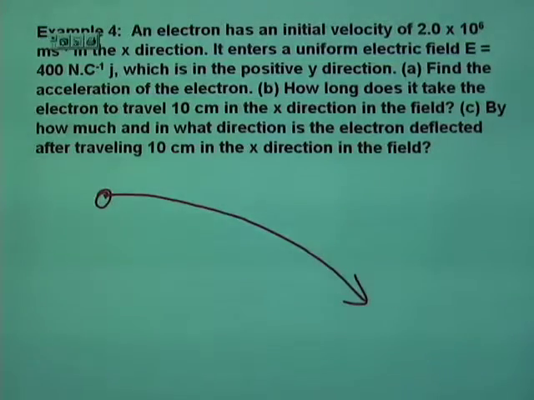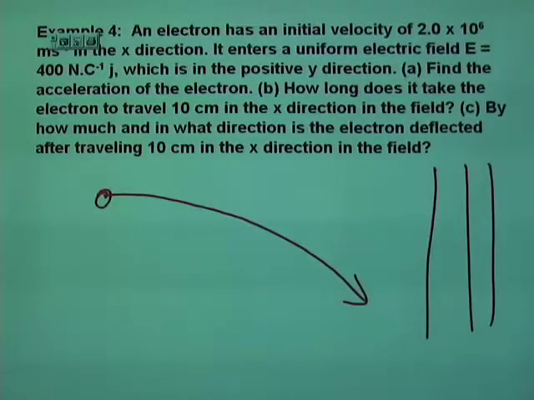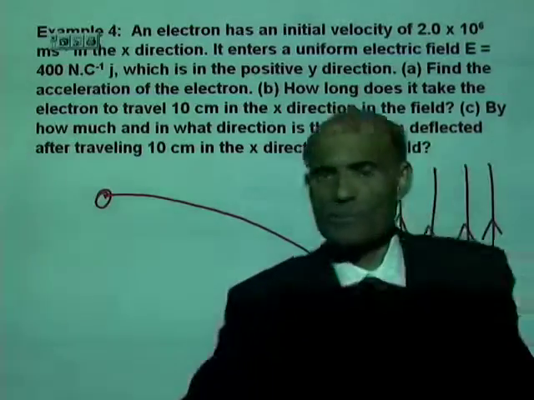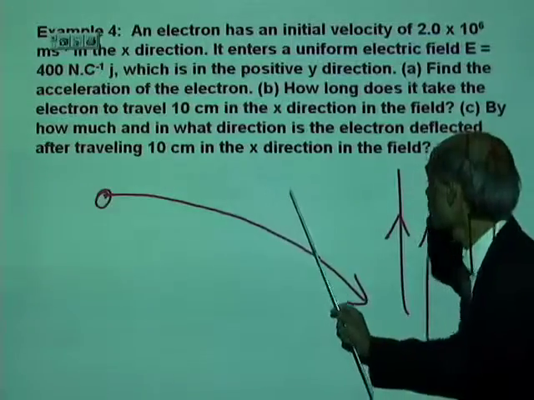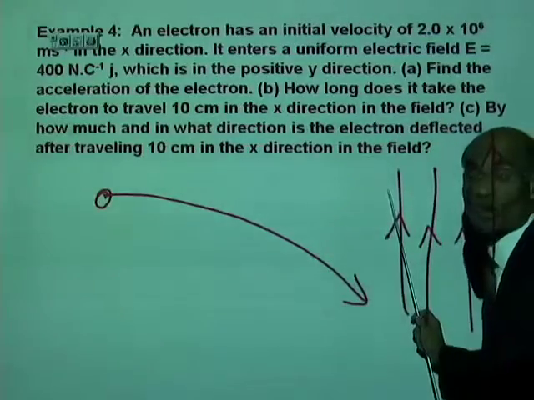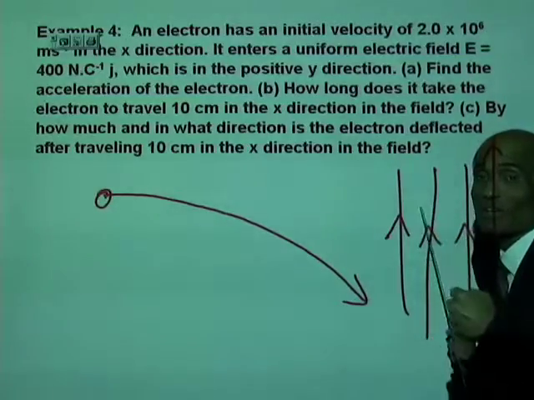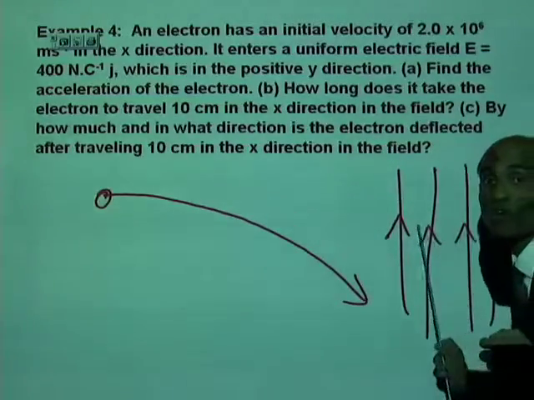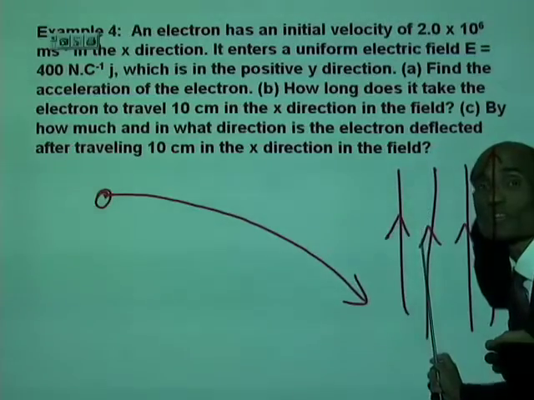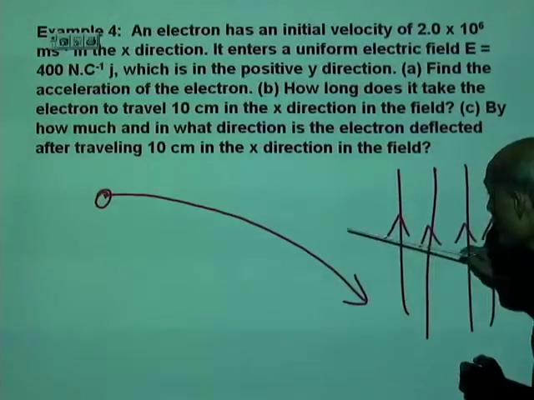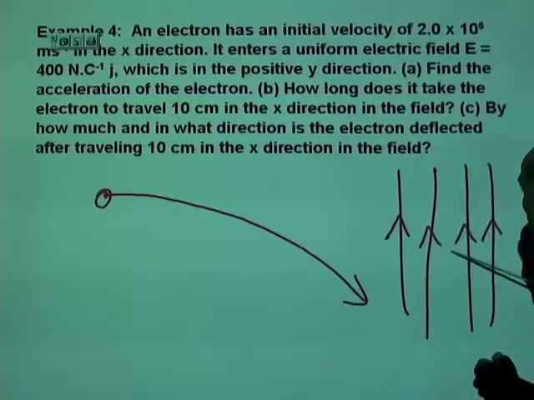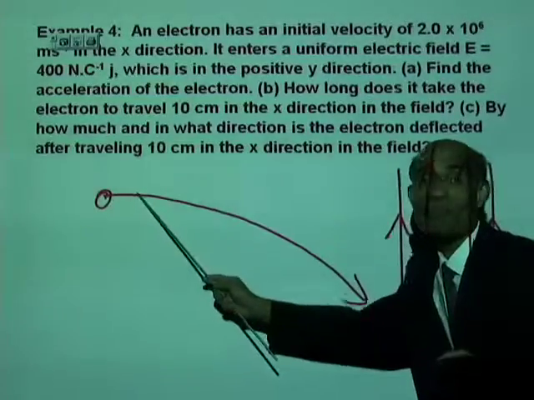Now the same thing is going to happen to the electron. Look at this. This is the electric field which is directed upward. So the poor electron comes up here, all of a sudden it gets caught inside the electric field. The electron will experience a force which way? Opposite to the direction of the field, downward. That means that electron is going to go exactly like our basketball.